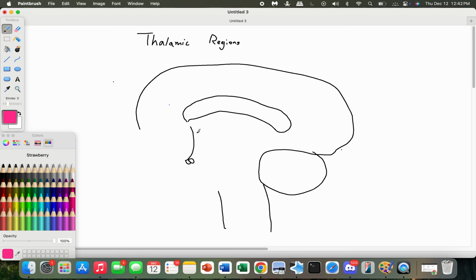Then the thalamic regions are going to be more or less over here. When you see it on a cadaver slice, it'll kind of look like this. So this right here would be the thalamus.